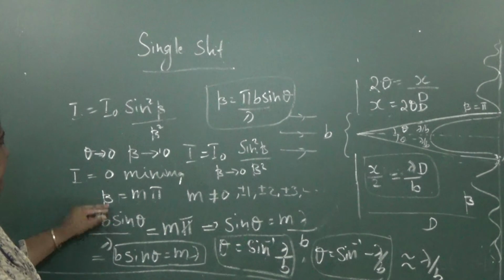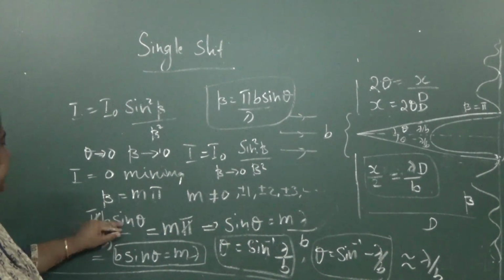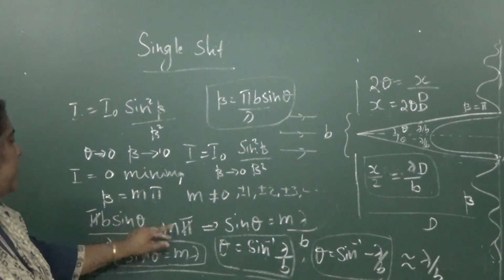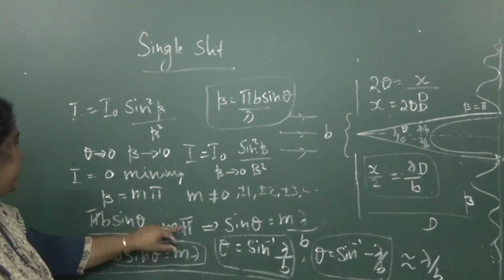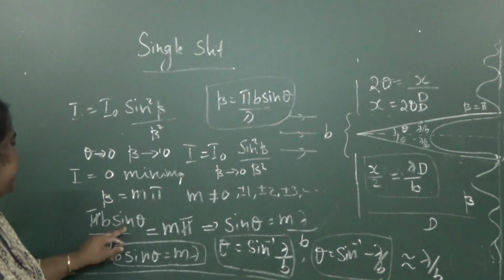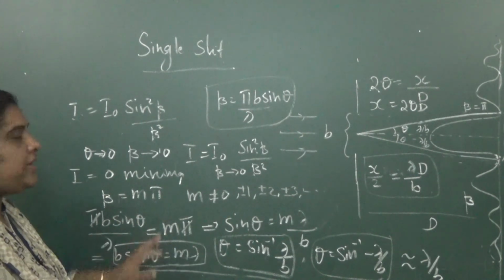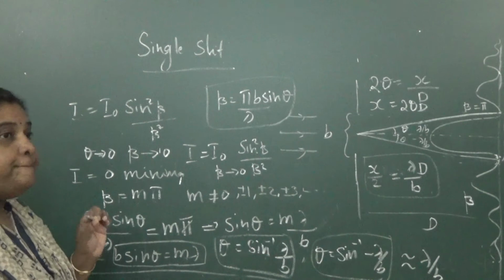From this equation, pi b sin theta by lambda is equal to m pi, which is the condition for minima. So pi will be cut, then lambda will go here. So b sin theta is equal to m lambda is the condition for minima.